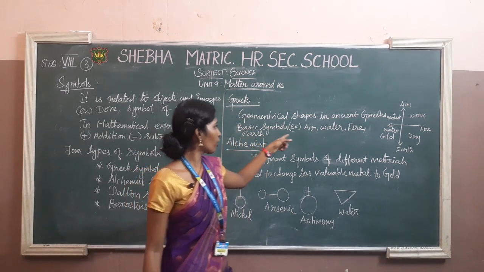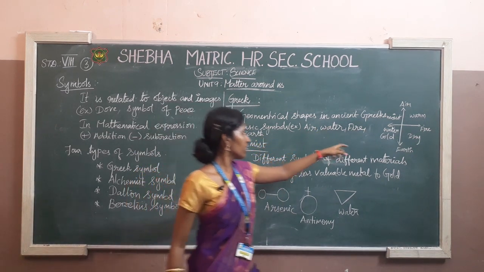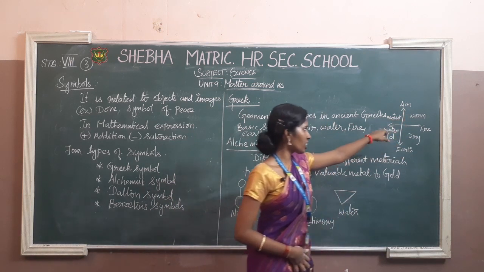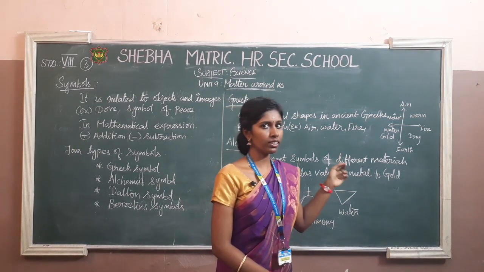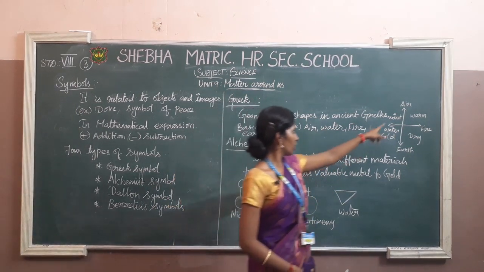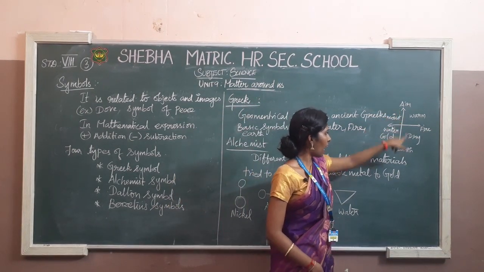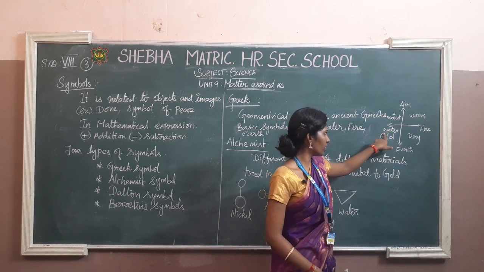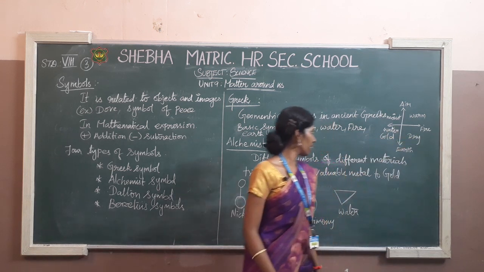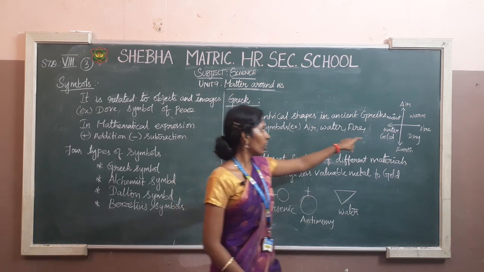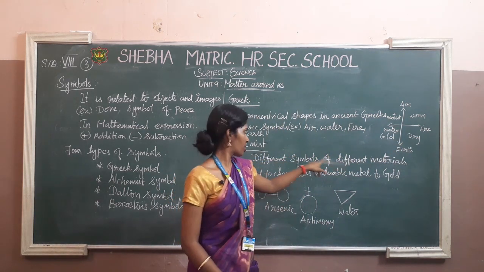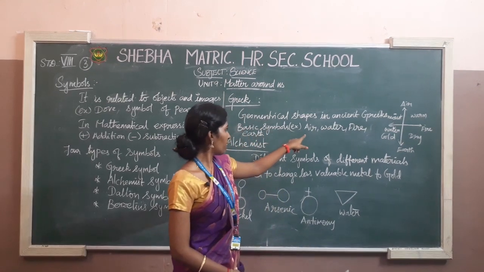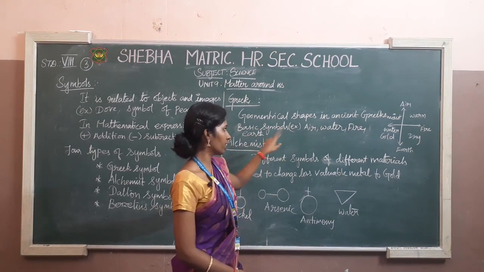The basic symbols are air, which relates to the four directions east-west, and another one is earth, another one is water, and the fourth one is fire. We draw these four symbols in a diagram of directions. The example is air, water, fire and earth.